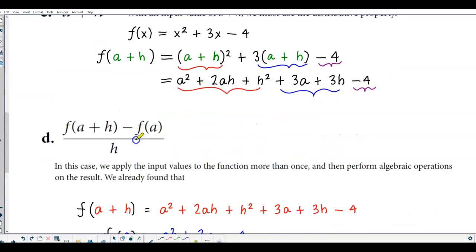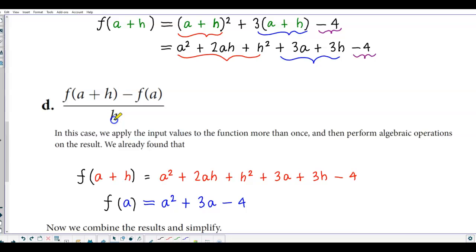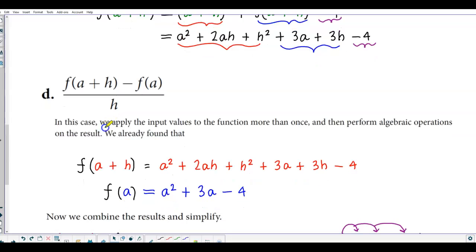Now in part B, what we want to do is take the function when it has an input of a plus h, and then subtract the function when the input is a, divided by h. So in this case, we apply the input values to the function more than once, and then perform algebraic operations on the result.